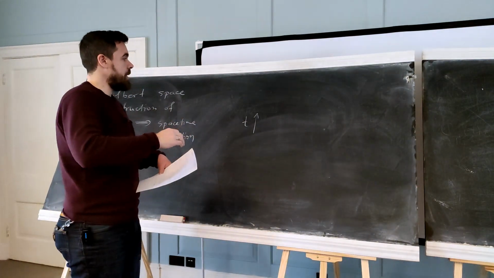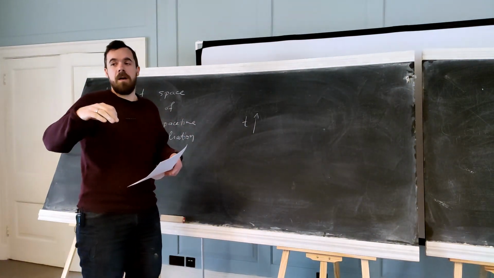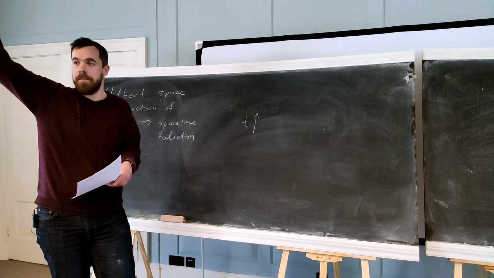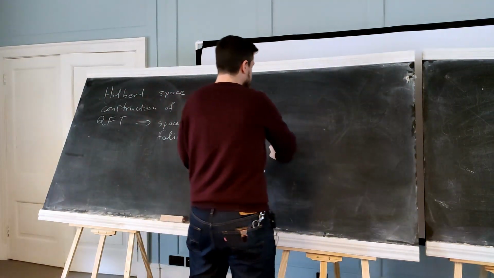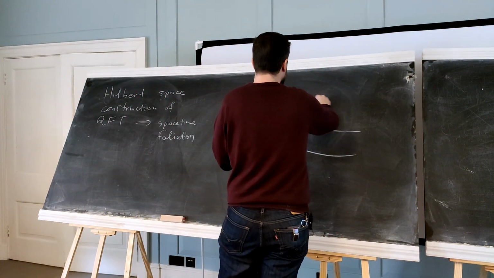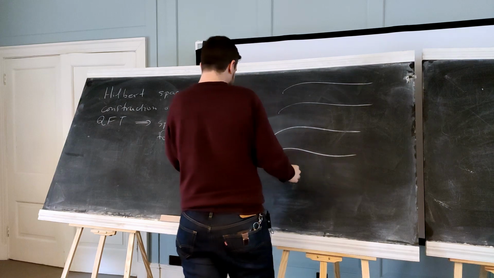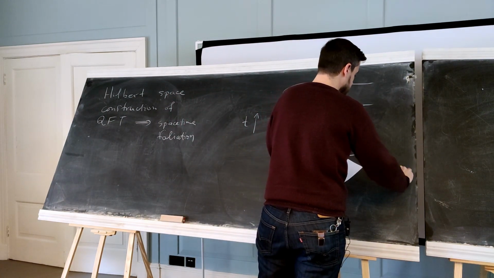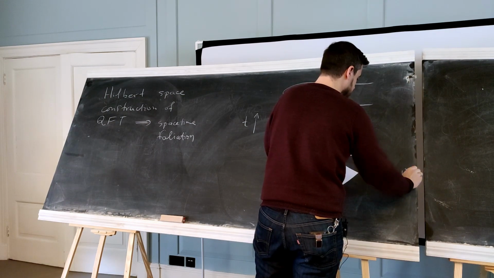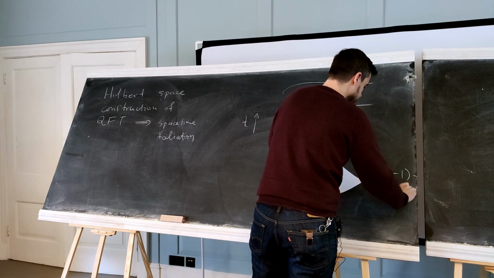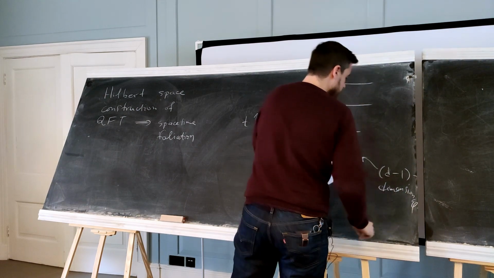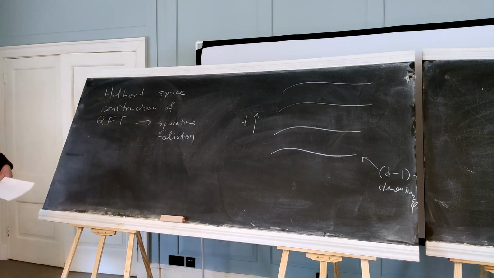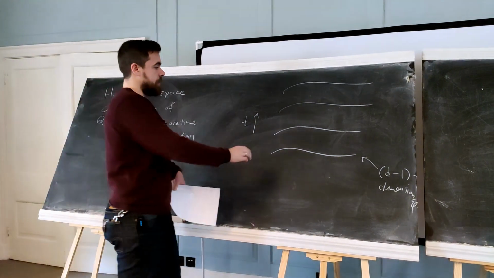And so you define hypersurfaces of codimension 1 that this time evolution moves you along, like this. So in a d-dimensional QFT, these are d-1 dimensional hypersurfaces, and each of these hypersurfaces has its own Hilbert space.